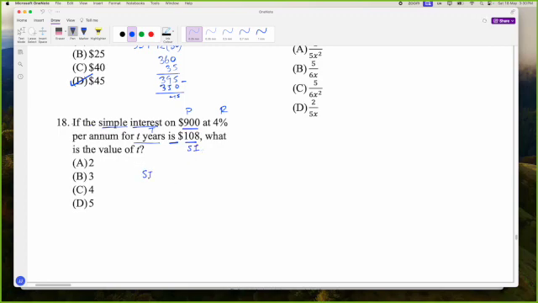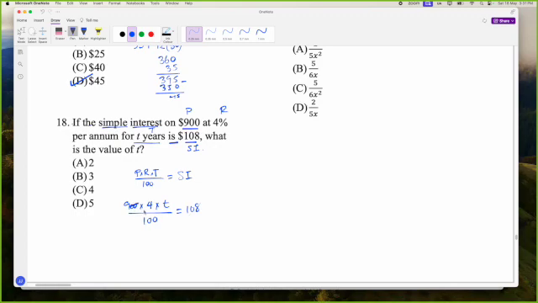Remember, simple interest is equal to principal by rate by time over 100. That is the simple interest. So your principal is 900 by the rate, which is 4, by the time, which is small t, all over 100 is equal to 108.